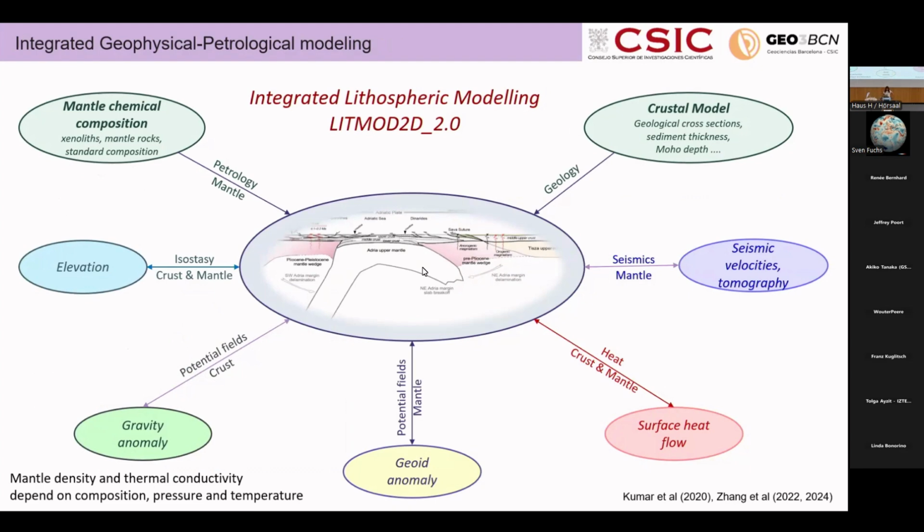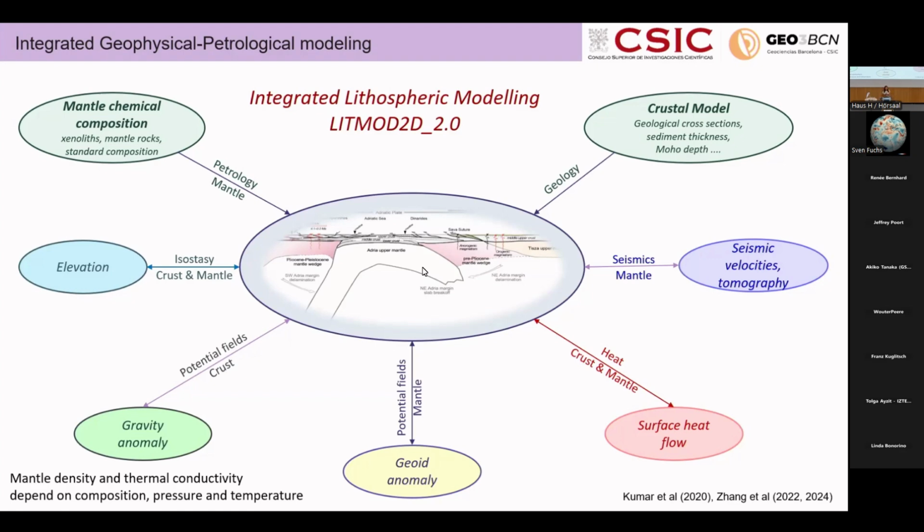Surface heat flow by itself is very useful data, but needs to be integrated in a geophysical petrological model. Here we are using the elevation as a constraint for the model. Yeah, elevation, gravity data, geoid, the surface heat flow, and the seismic velocity.